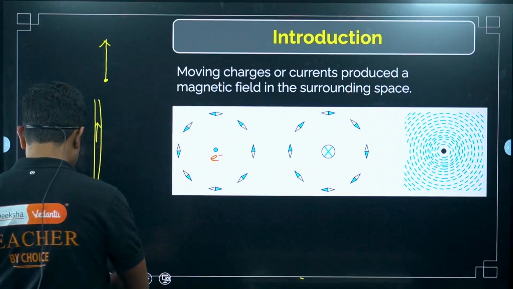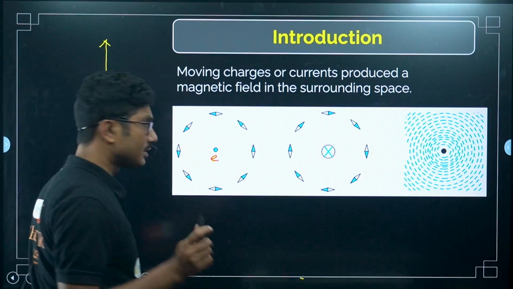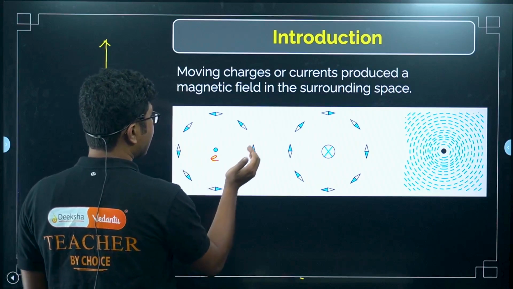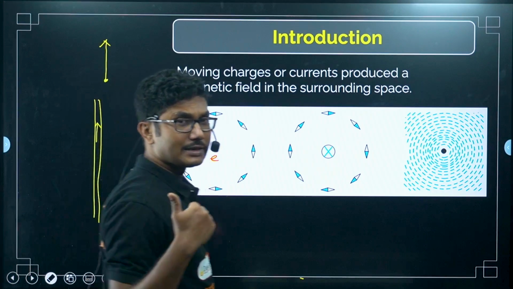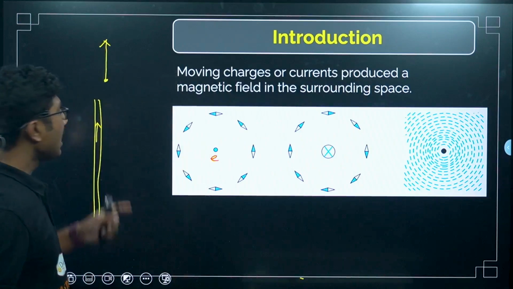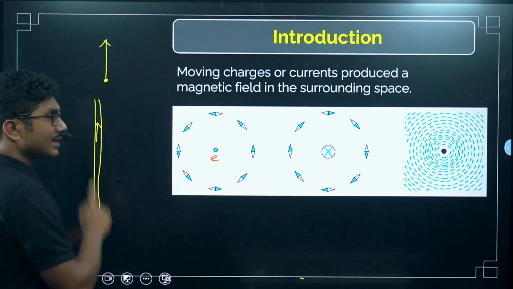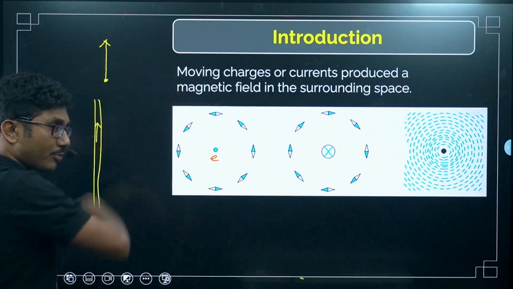And if it is a proton, a positive charge, coming out of the page, then the magnetic field will be like this. We will generally consider the direction of positive charges. For example, when we are considering current, we generally consider the conventional direction of current, which is actually opposite to that of the electron.